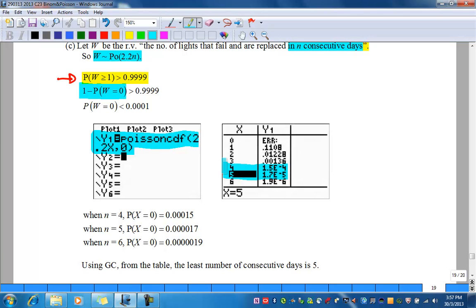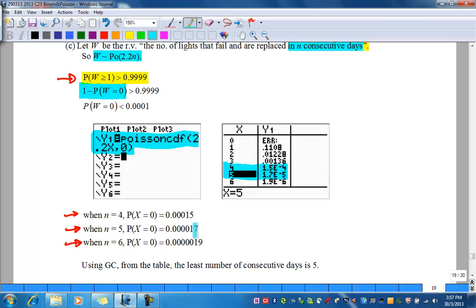where we can write down when n is equal to 4, probability of X equal to 0 is 0.00015, and when n equals 5, the probability of X equal to 0 is 0.000017, and when n equals 6, we have probability of X equal to 0, which is 0.000019.